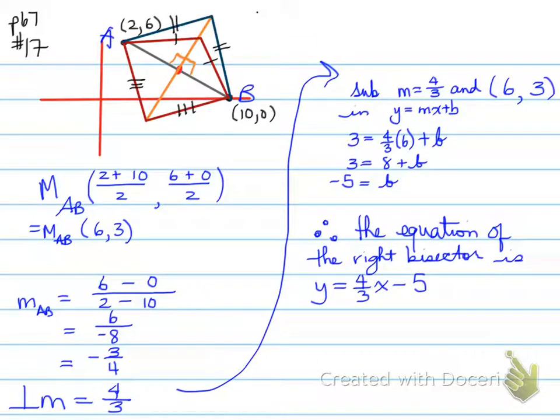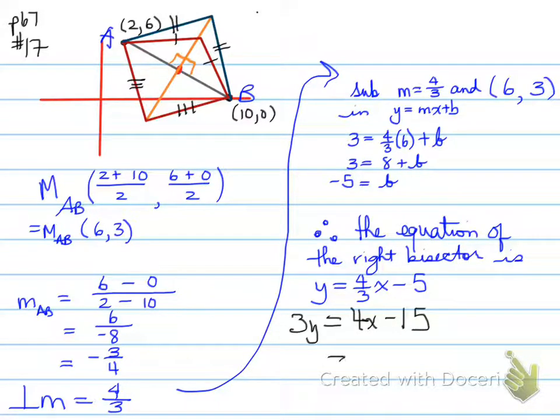Now let's say you were to expand this to standard form. How would you do that? Well, think about it, folks. Standard form says you cannot have any fractions. There's a fraction here, so multiply the whole thing by 3 first. So you get 3y is equal to 4x minus 15.